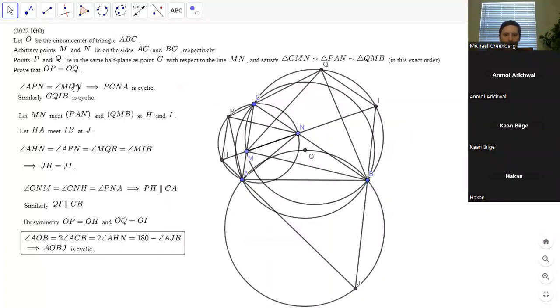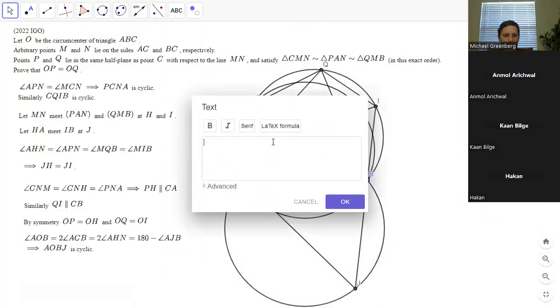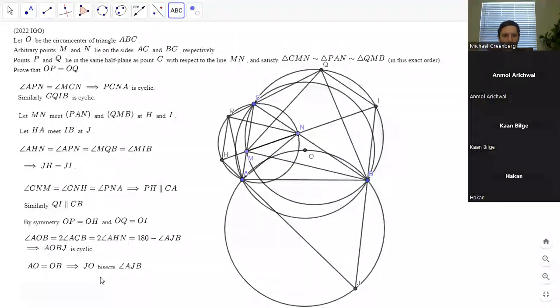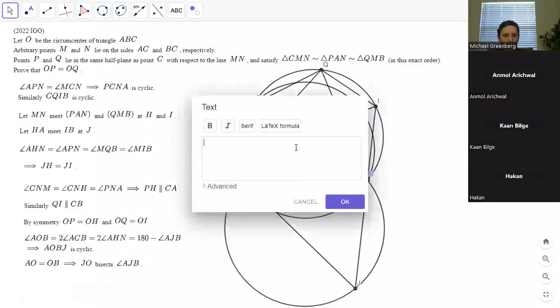And AO equals OB implies that JO bisects AJB. And that implies OH equals OI, implies OP equals OQ.